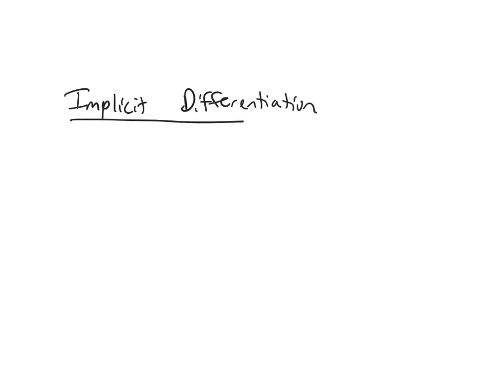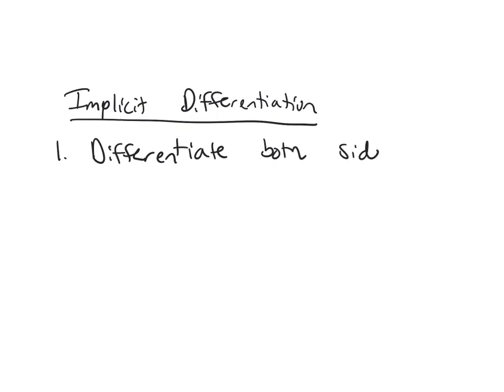So now let's talk about the procedure you're going to use when you do implicit differentiation. So the first step is you're going to differentiate both sides of the equation.